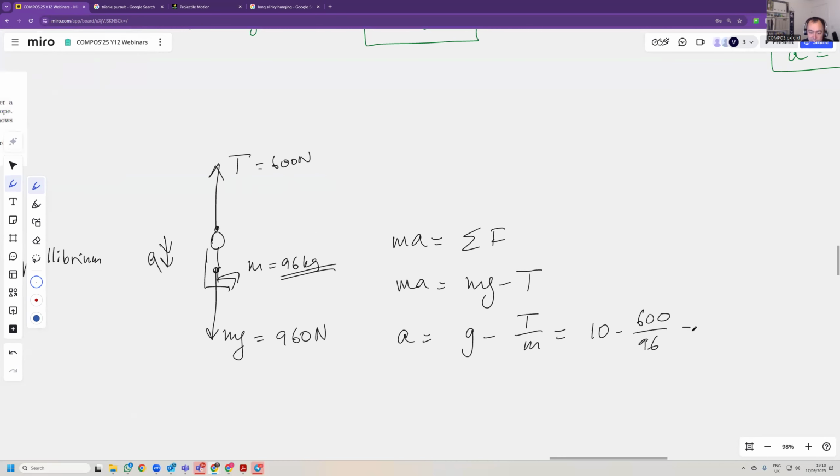So the boy is accelerating downwards at 3.75 meters per second squared.